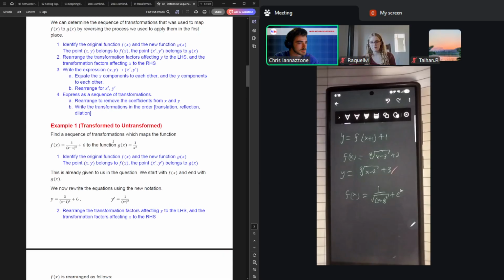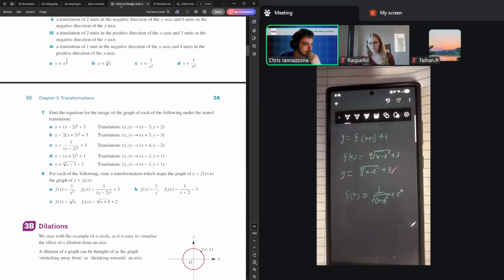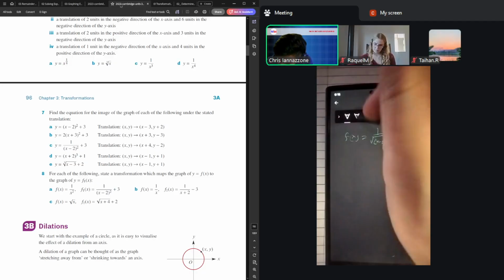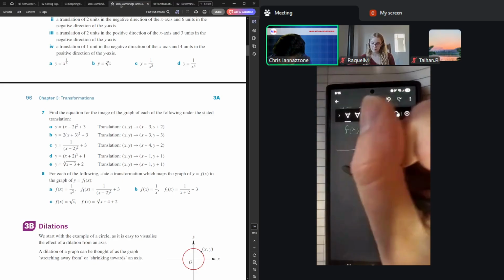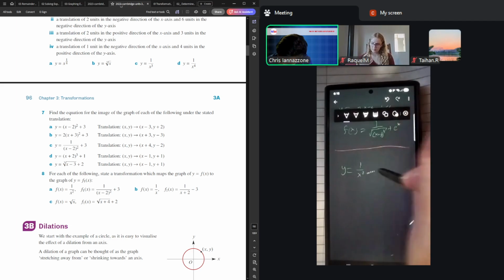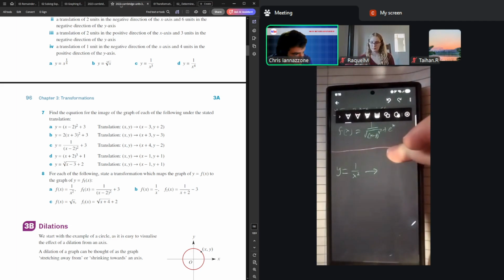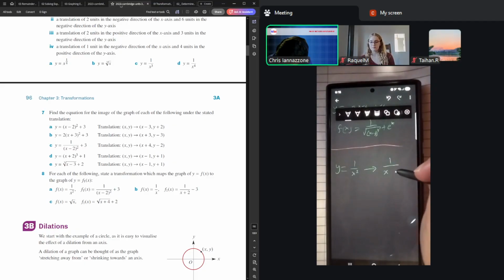It's been a little bit since we've had a look at this. Let's see, how should I do this? I'll write out the actual question statement. So we're going from y equals 1 on x squared, and we're mapping that to 1 over (x minus 2) all squared plus 3.